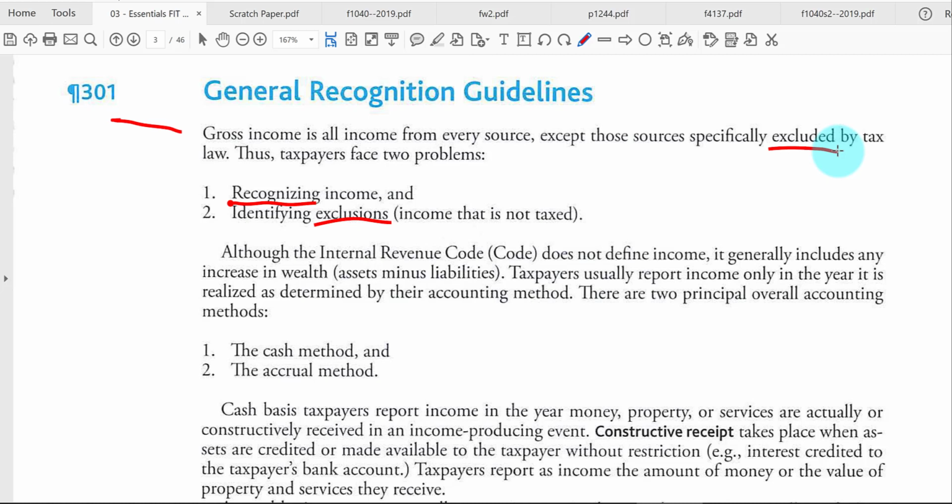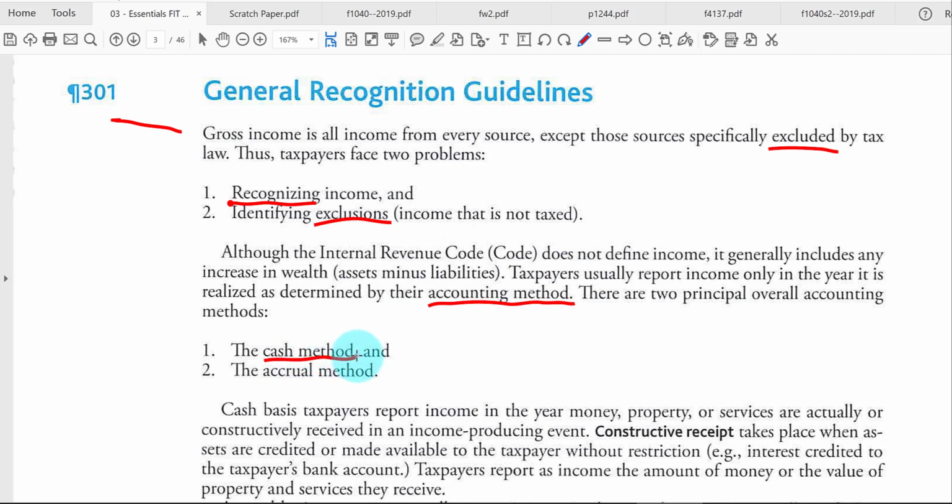Another concept that we're learning here at the beginning of chapter 3 is when do you report income? In which year are you going to report it? That depends upon something called the accounting method, the accounting rules that the taxpayer uses. For most people, individuals like you and me, we use an accounting method called the cash method.